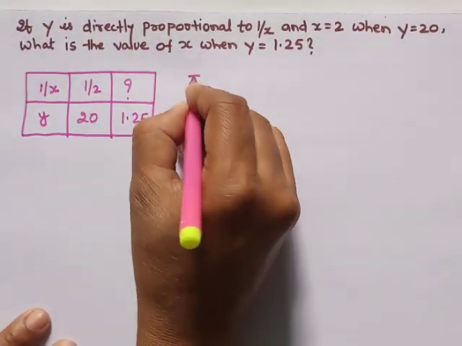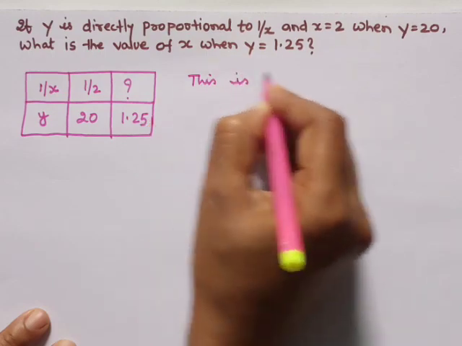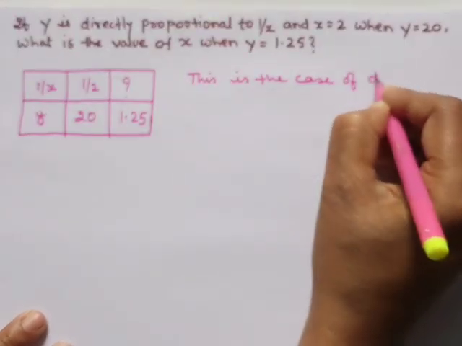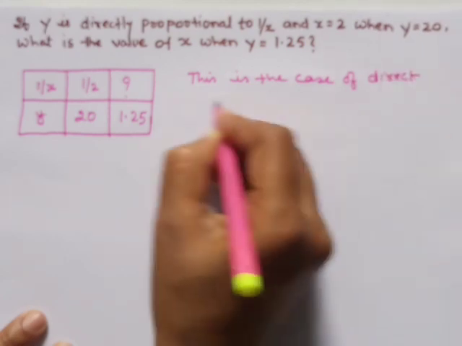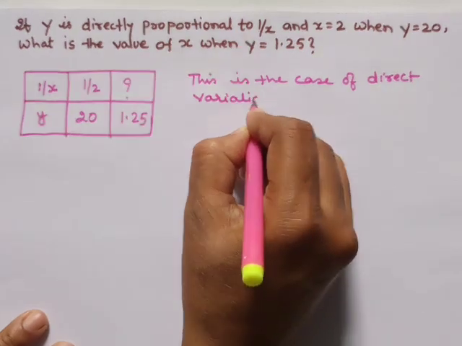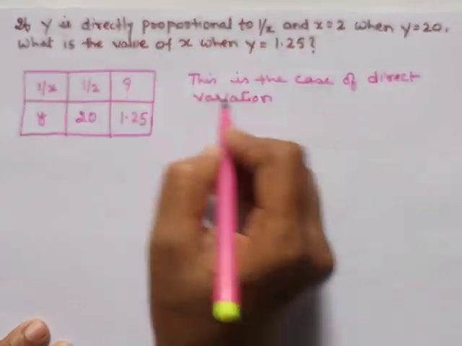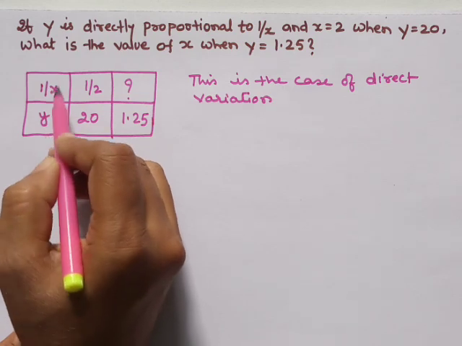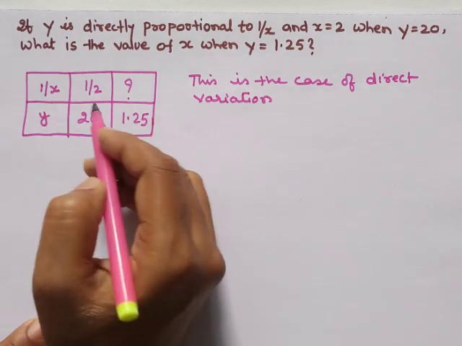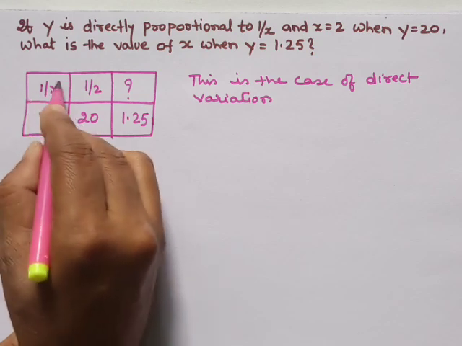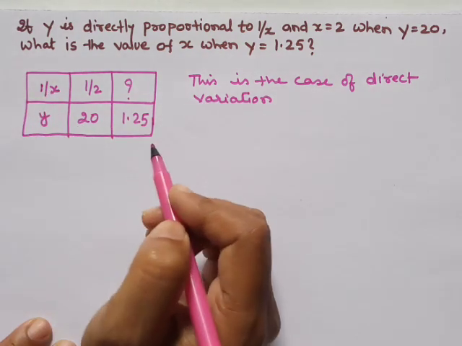So here, this is the case of direct variation, children. Please note this. Direct variation means what? These two quantities are directly proportional. That means this number by this number is constant.